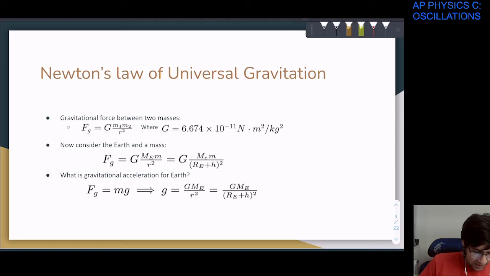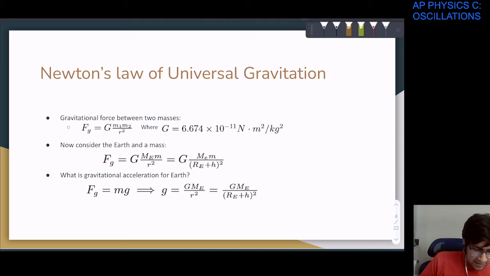Okay, cool. So we say that the gravitational force between two masses is given by this formula. And as an example, let's consider the Earth and a mass. So we have capital M sub E, which we'll denote as the mass of the Earth.